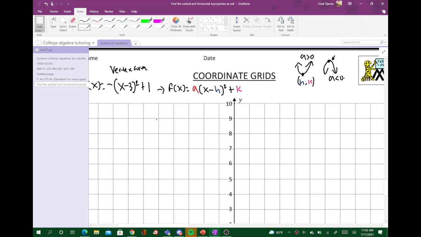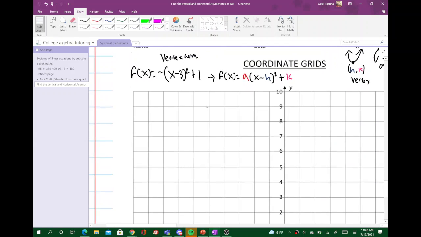Same thing for this one, it would be h comma k, right? And that would be the vertex of the parabola, which is just either the highest point or the lowest point of the curve. Think of it kind of like a hill or a cusp, right?